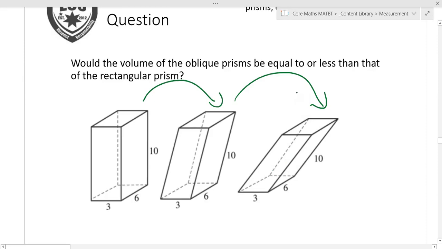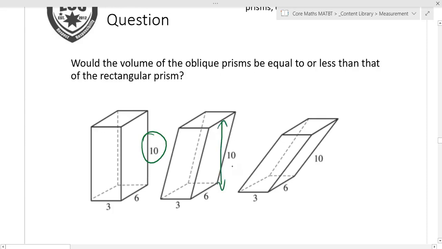Why that happens is because the height of the shape actually changes. Initially the height is 10, but as it slants, the height will start to decrease. This might become 8, and then eventually 6. So the slantier a shape gets, the less the volume inside.